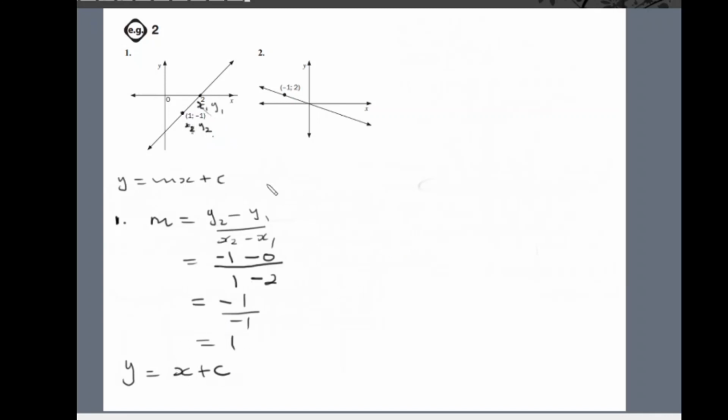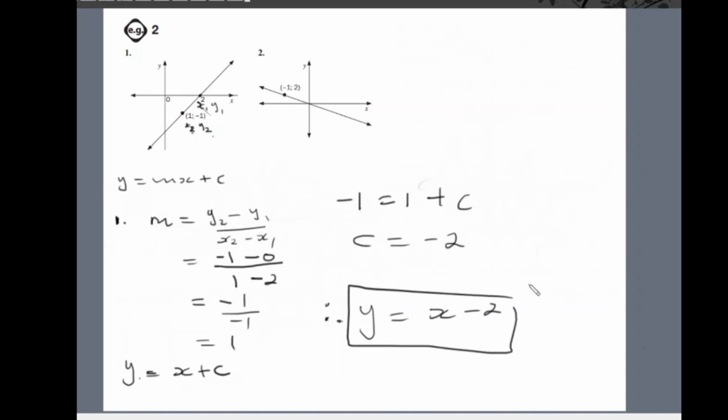So I'll pick x2 and y2 and substitute into my equation. Okay, so when I pick y2 and x2, wherever I see y here, I'll put minus 1, and wherever I see x, I'll put 1, plus c. Therefore, solving for c, I'll see c is equal to minus 2. So the final equation is y = x minus 2, right? That is the equation given a graph.